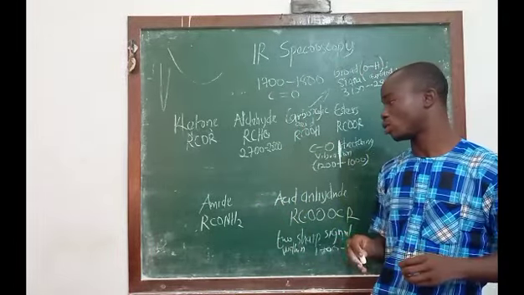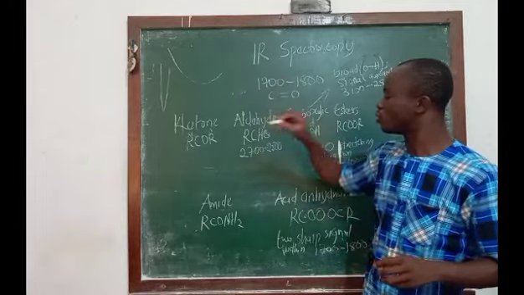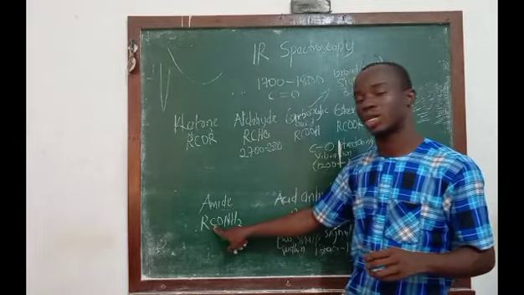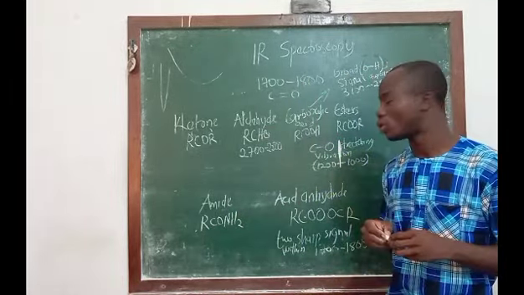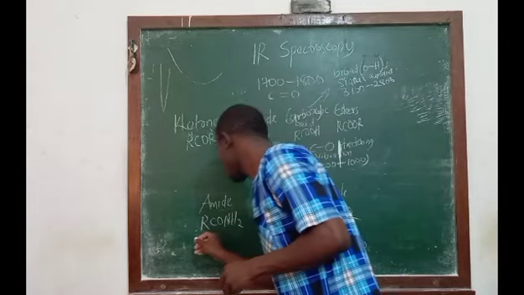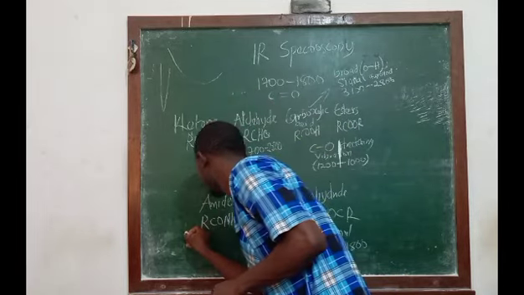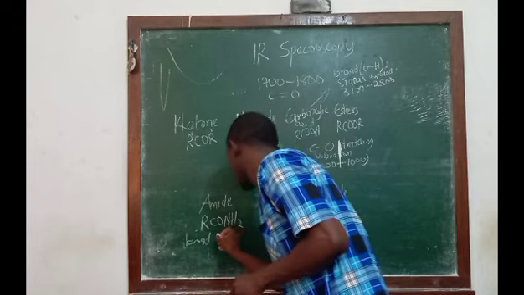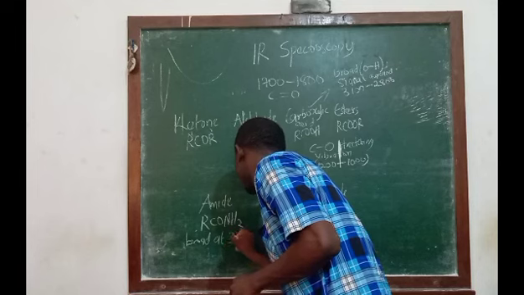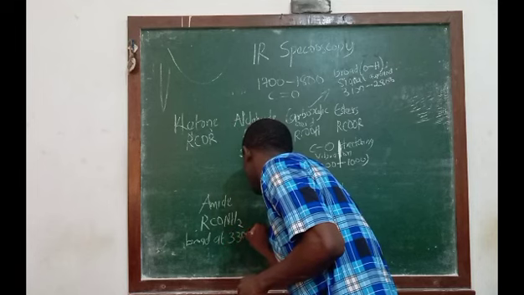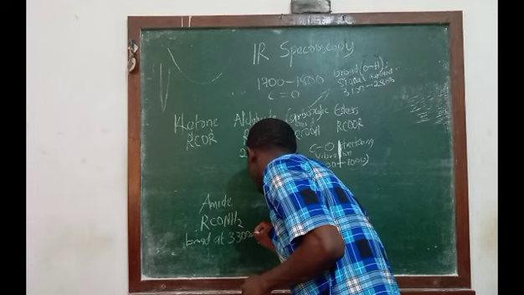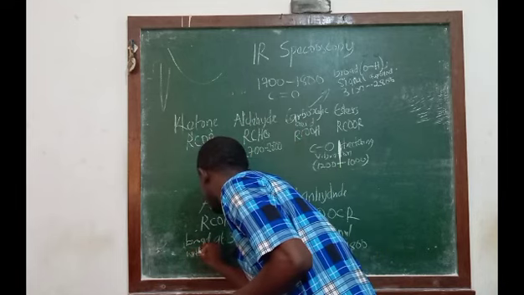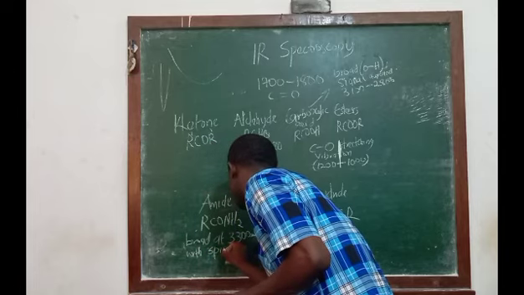Apart from the first thing, which is to see a signal between 1700 and 1800 that represents the carbonyl functional group in amide, another signal to look out for is a broad signal at around 3000 per centimeter with spikes.